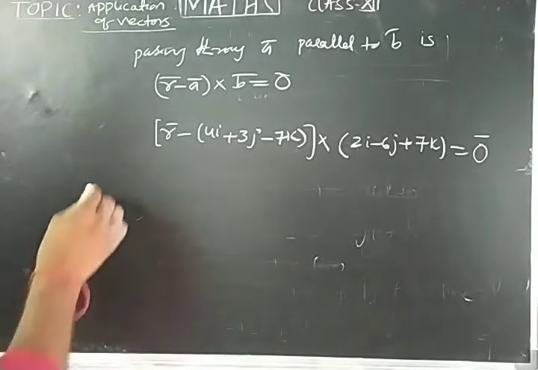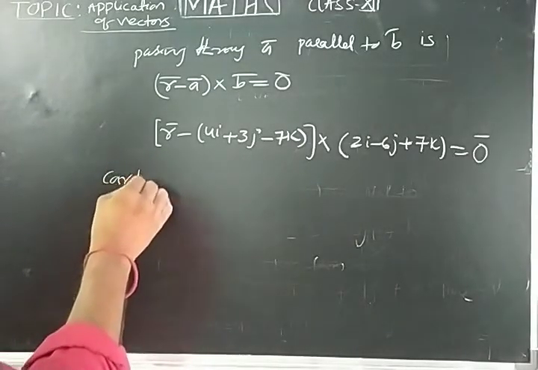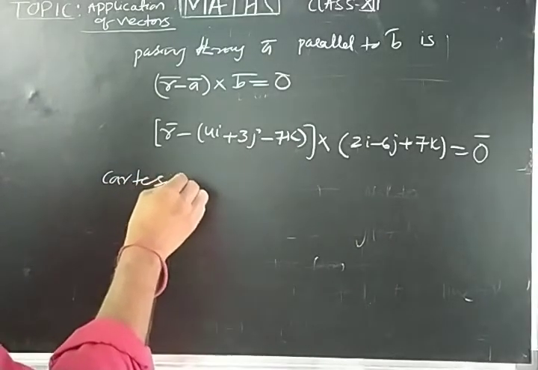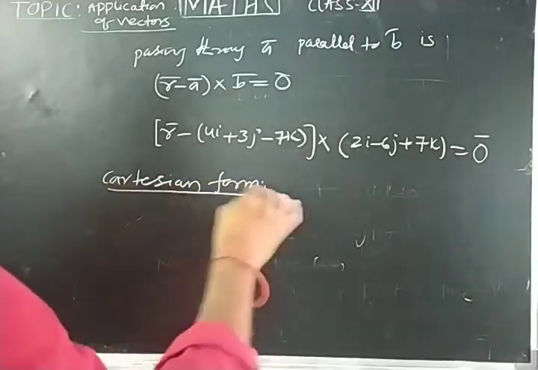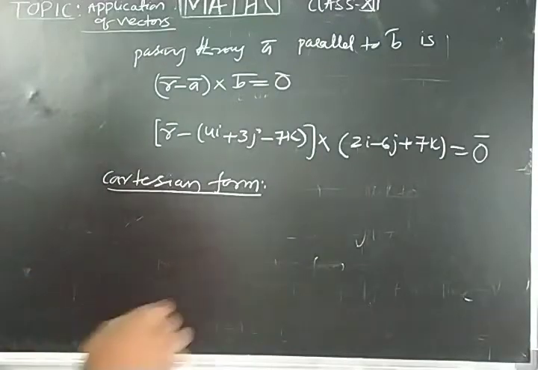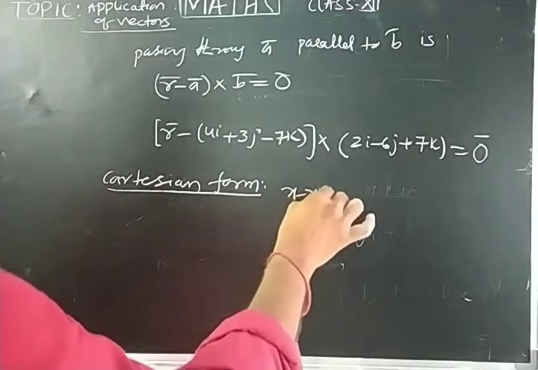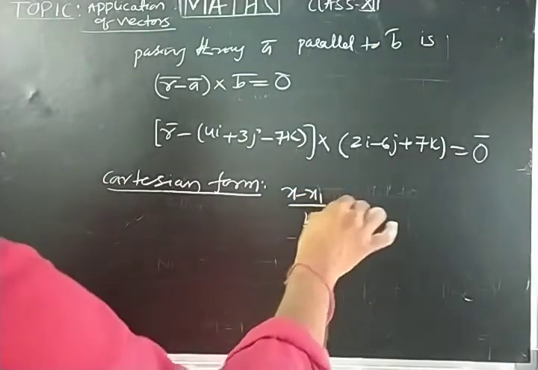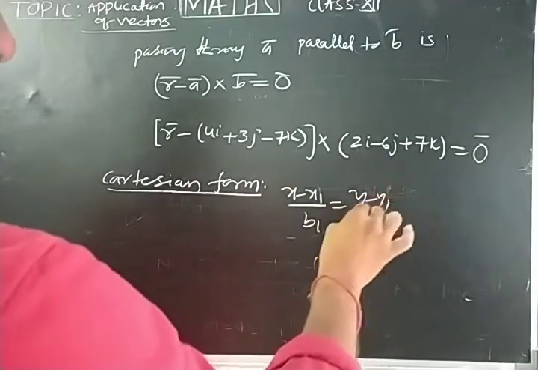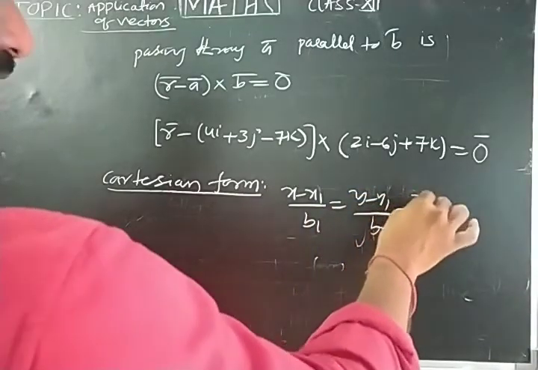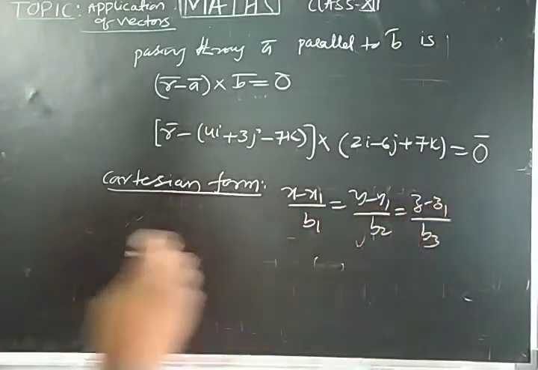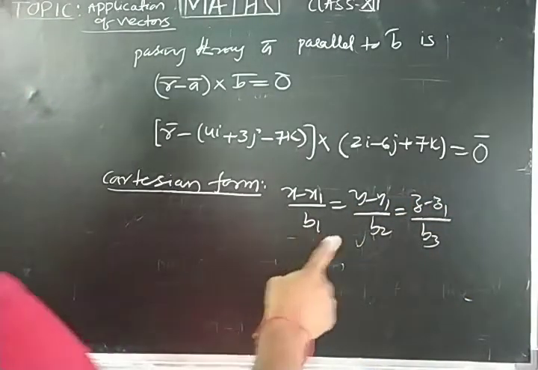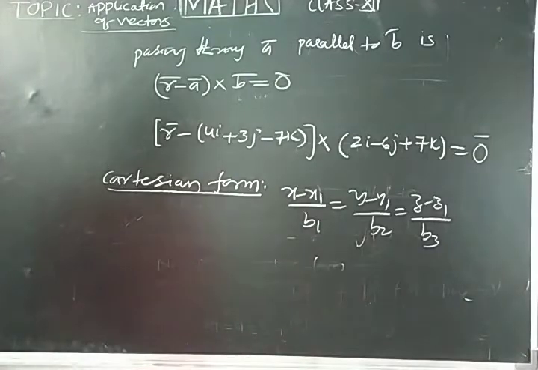Now Cartesian form. What is Cartesian form? Cartesian form is x minus x1 by b1, y minus y1 by b2, z minus z1 by b3. Here x1, y1, z1 is a point of the straight line, and b1, b2, b3 are components of vector which is parallel to the straight line.